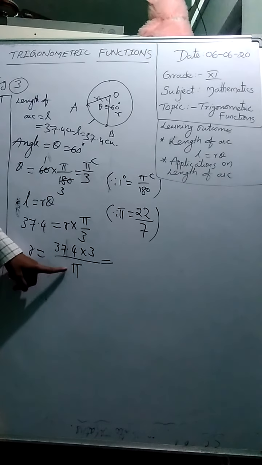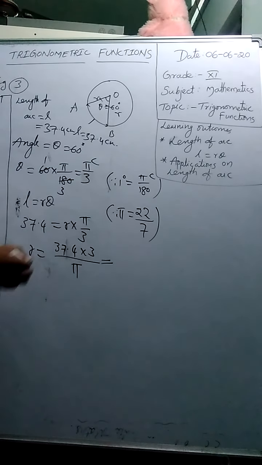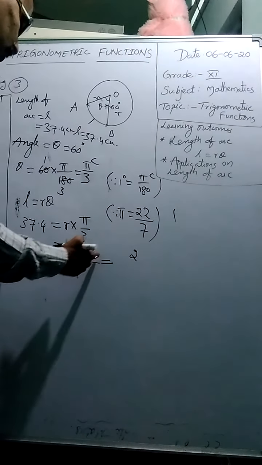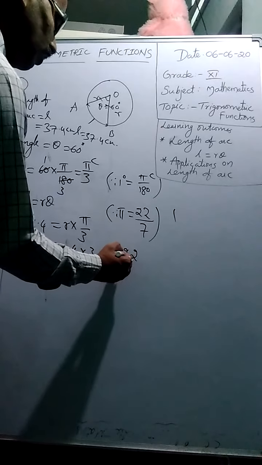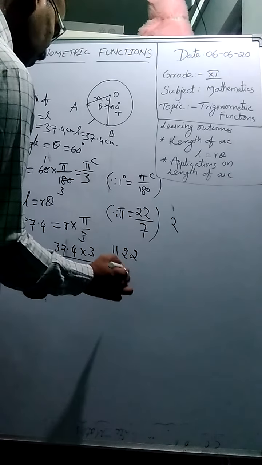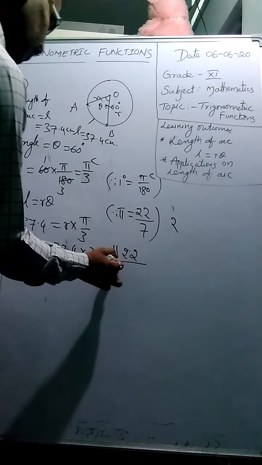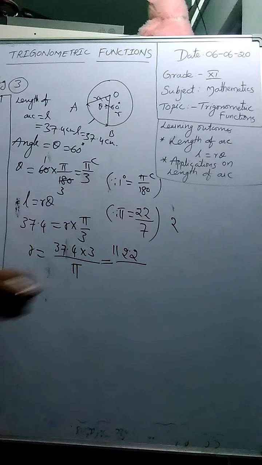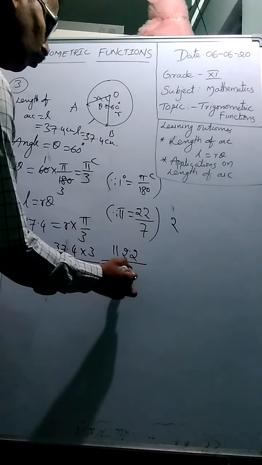As we know, we take the reciprocal. Now 3 fours are 12, and 3 sevens are 21, 22 we have, 3 threes are 9 plus 2 is 11, so we have 112.2 divided by 22 by 7.